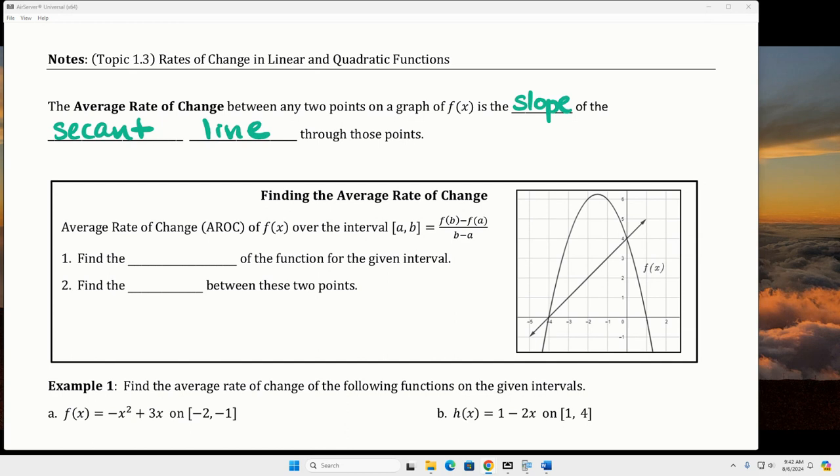Now, I know I told you I graded part of the AP test. I think I told you that. The question I graded was the second FRQ, and pretty much if you mentioned secant line, it almost guaranteed you got the point for that particular question. So I'm going to focus on secant line over and over and over again. You're going to get tired of me saying it, but it's something that is new to you.